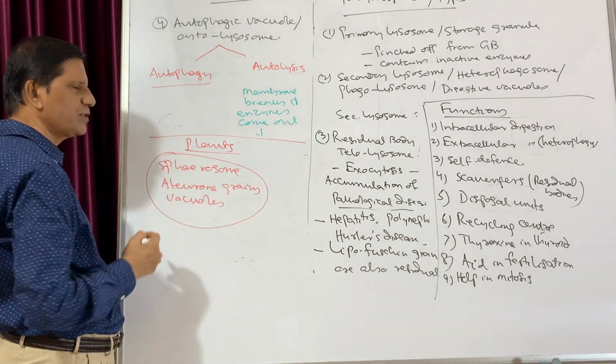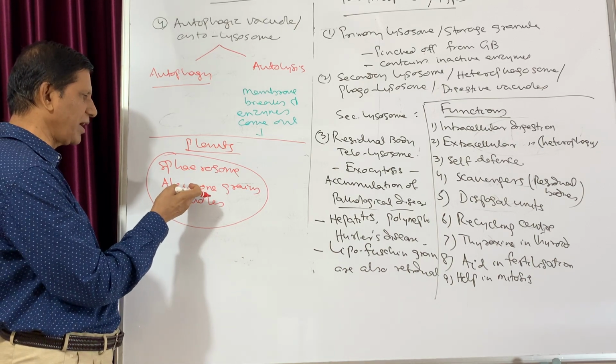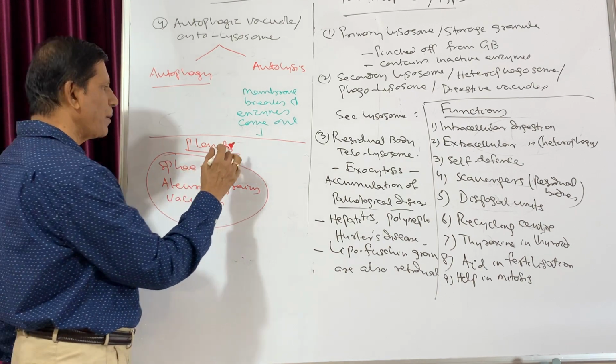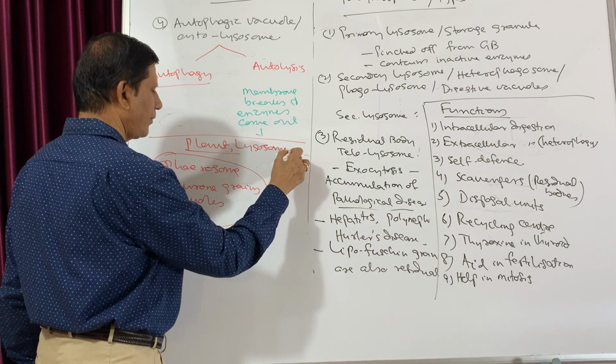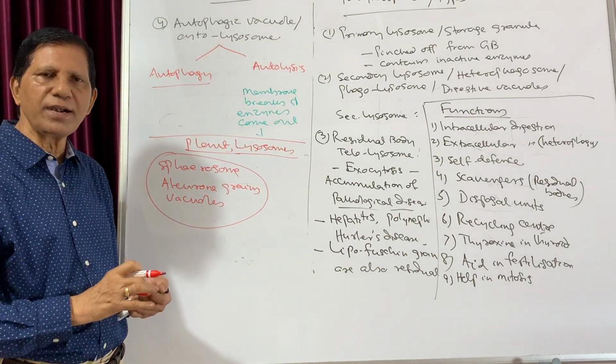Most of the enzymes are present in the vacuoles, aleurone grains, and spherosomes. So these three are known as the plant lysosomes, because the lysosome itself is not present in plants.